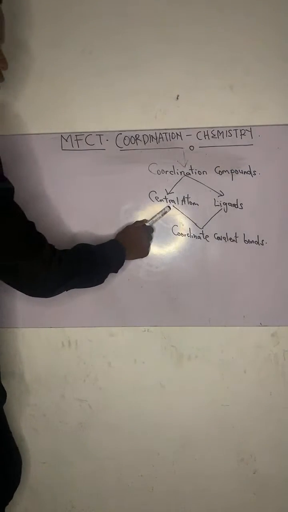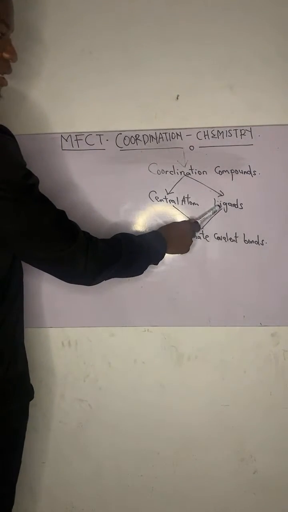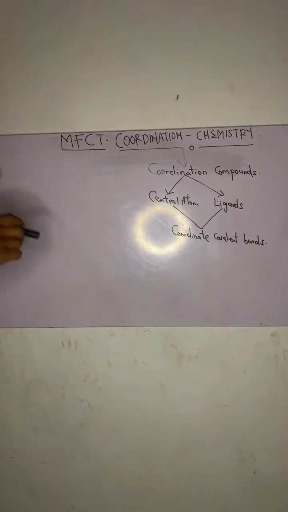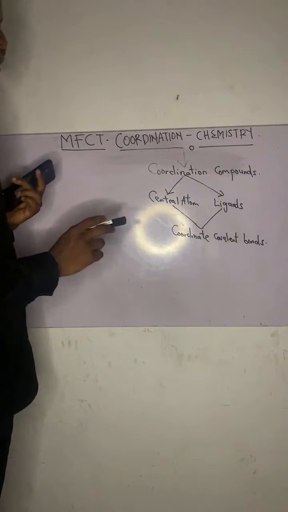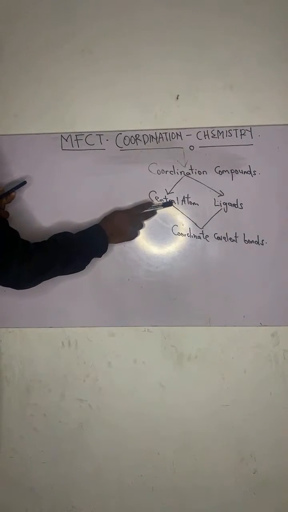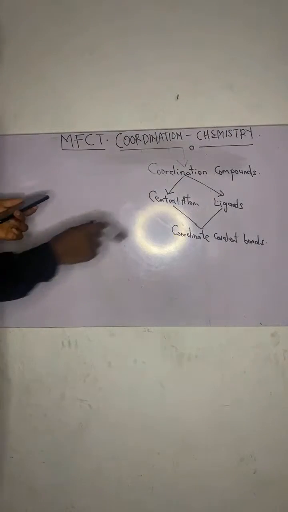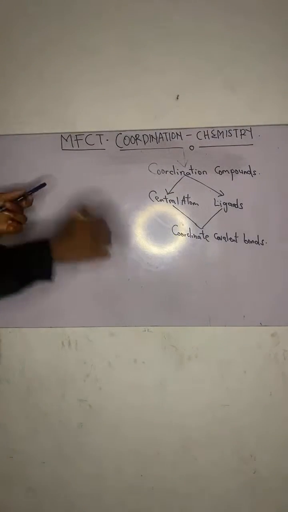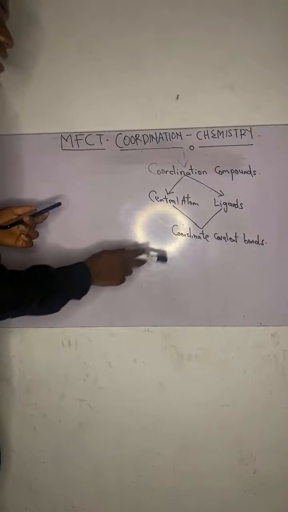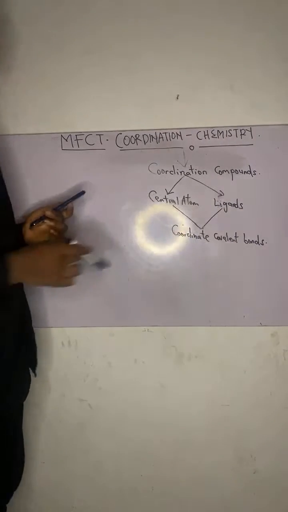Now, what are central atoms? What are ligands? Ligands are actually atoms or molecules or ions that are joining to the central atom. So how are they joining to the central atom? It is through the coordinate covalent bonds.